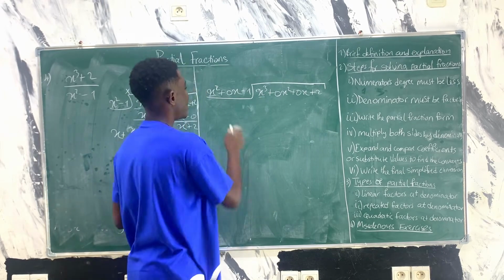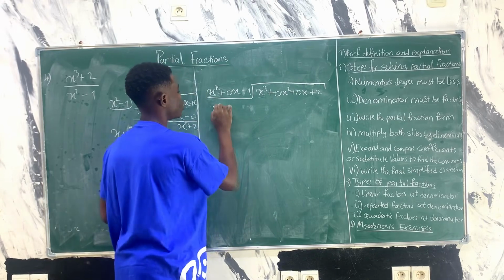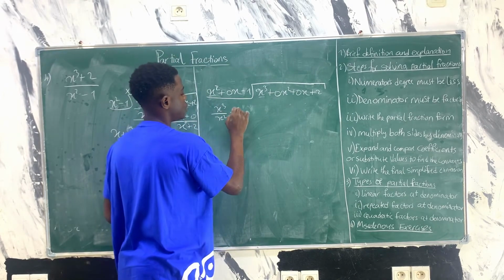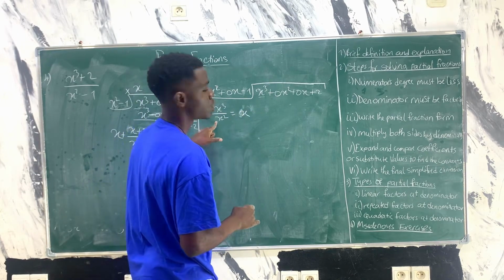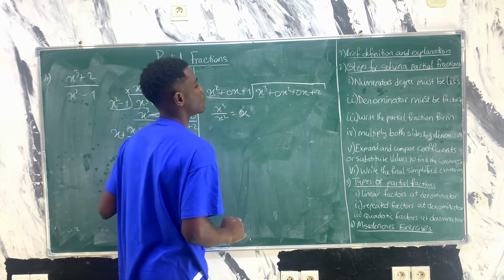What do you multiply by x squared to have this x cubed? To find it, you just divide: x cubed divided by x squared is equal to x. It means when you multiply x by x squared, you will have x cubed.